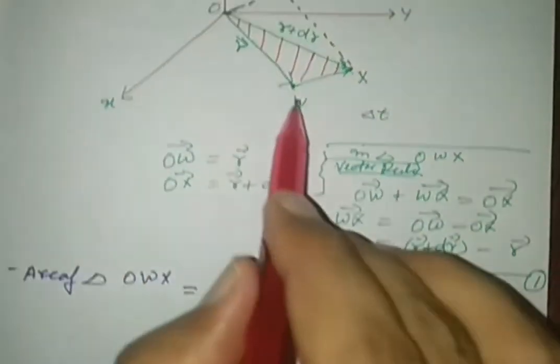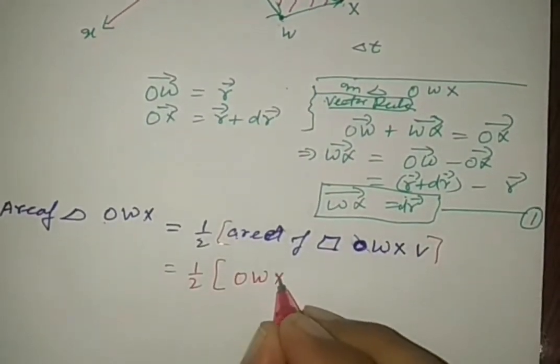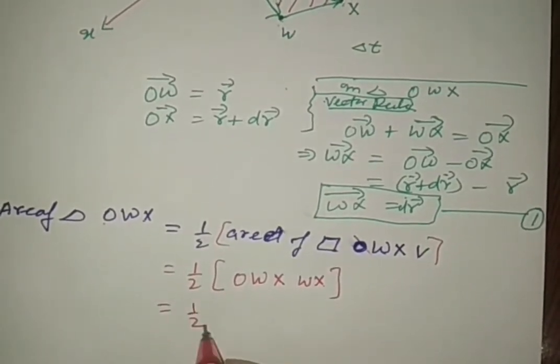It is OW into WX, and the triangle is half of it.